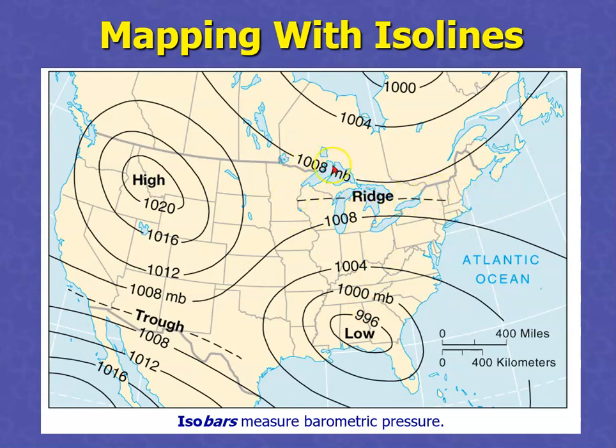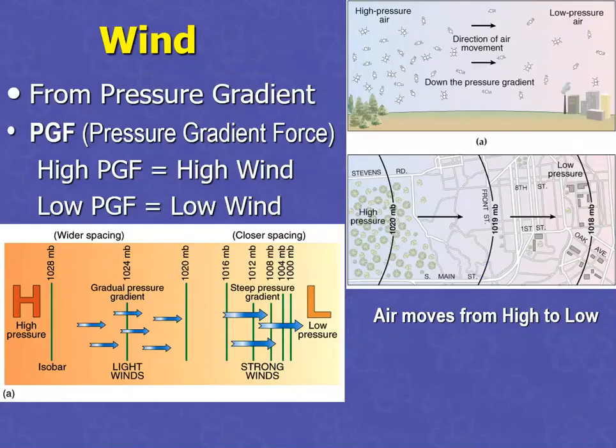So it's not the number, it's just what's next to it that makes it an area of high pressure or low pressure. And why that's important is that air moves from the high to the low. The area that has a great concentration of air molecules is going to feel those air molecules drawn towards where there are fewer air molecules. So the low pressure is pulling the air molecules towards it to replace the missing air molecules here.